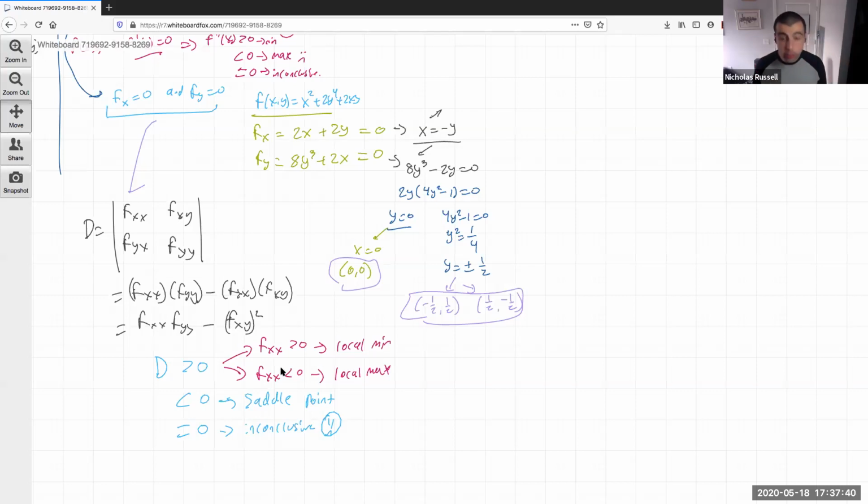So for instance, I'm only going to do 1 or 2 of these because it takes a little bit of time to do all of these here. But what we can do is calculate to figure out what all these look like. What we would have to do is calculate all these different derivatives: fxx, fxy, fyx, and fyy.